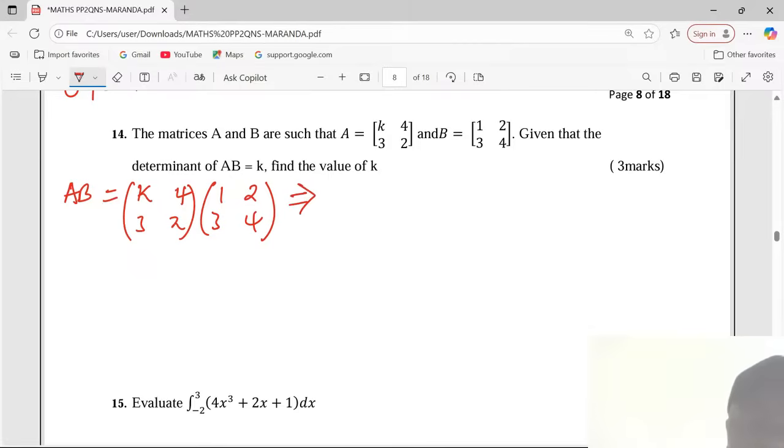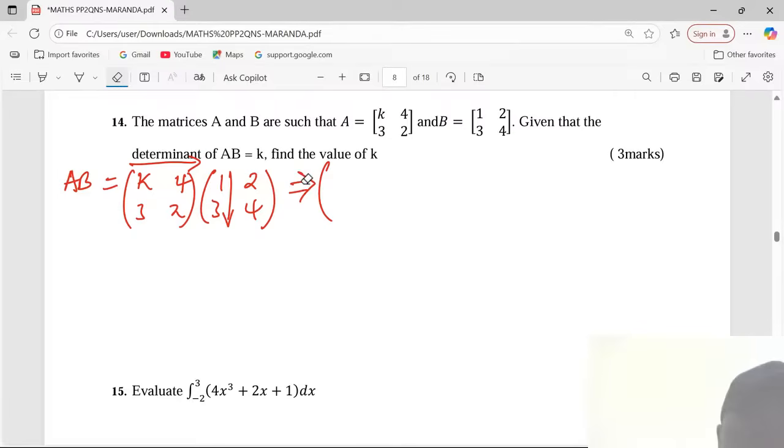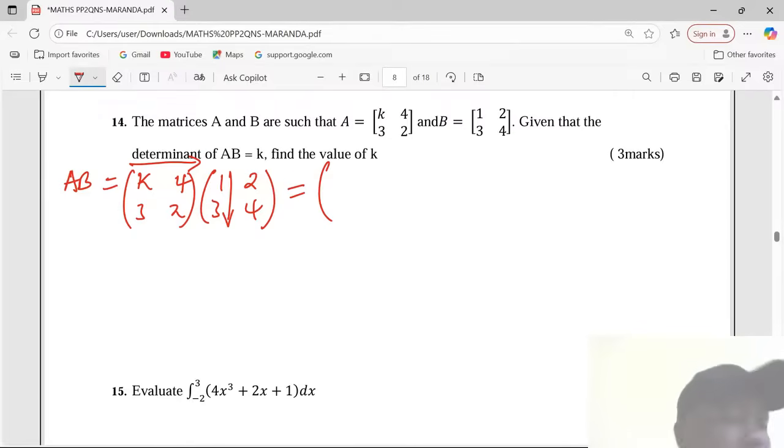When we multiply here, we are supposed to have row times column. So the first element in the answer matrix is supposed to be K times 1 and 4 times 3. So that should be K plus 12.